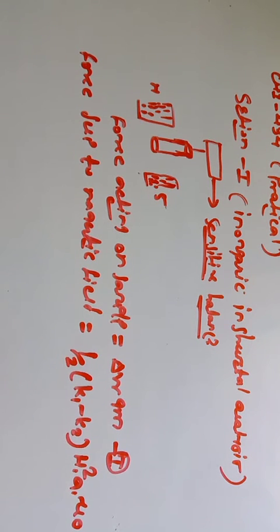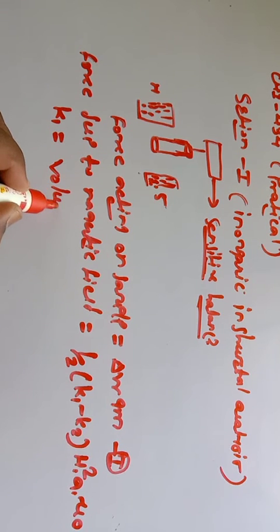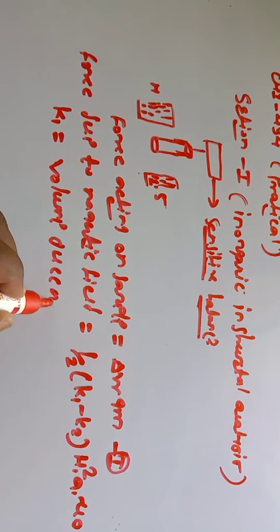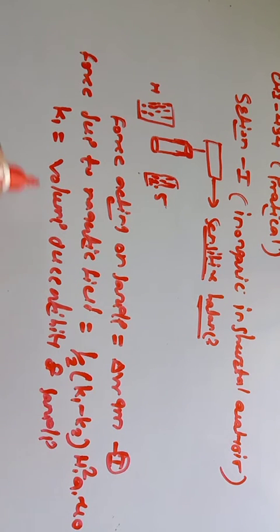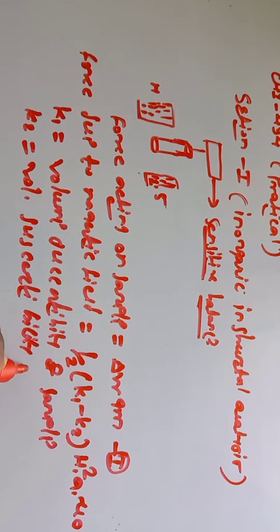So whatever the force acting on the sample, it is equal to the delta W gram, and the force due to the magnetic field is given as half (k1 minus k2) H square A mu 0, where k1 is your volume susceptibility of sample, then k2 is your volume susceptibility of air.